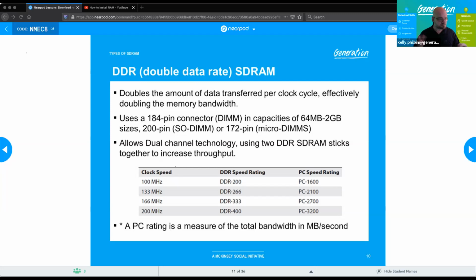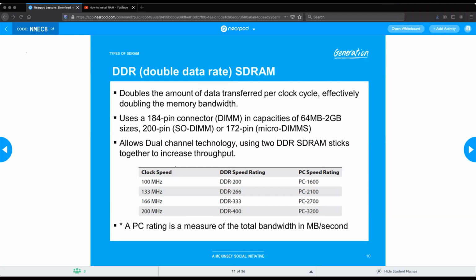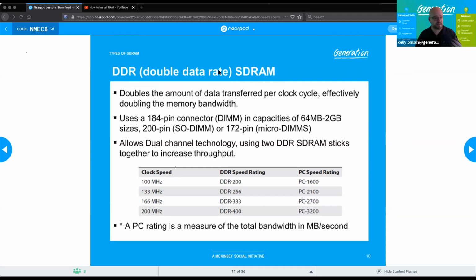I'm fairly certain that's what they're doing. No problem. I think you're right, Kelly. I can confirm that. There are 8 bits in a byte, so yes, 8 bits equals a byte.